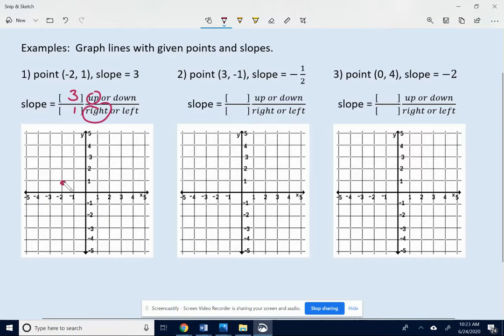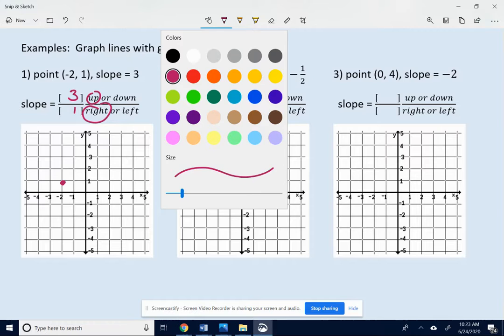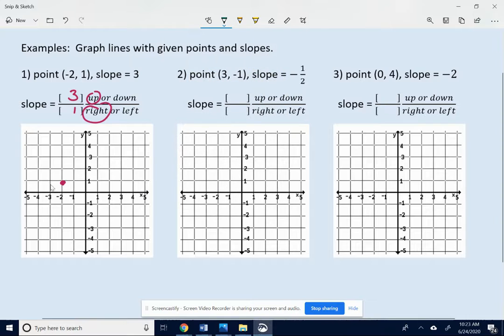So from our point negative 2, 1, we're going to go, you don't have to do this yourself when you do examples, I'm just trying to show you what I'm thinking, I'm going to travel up 3 spaces, over 1.